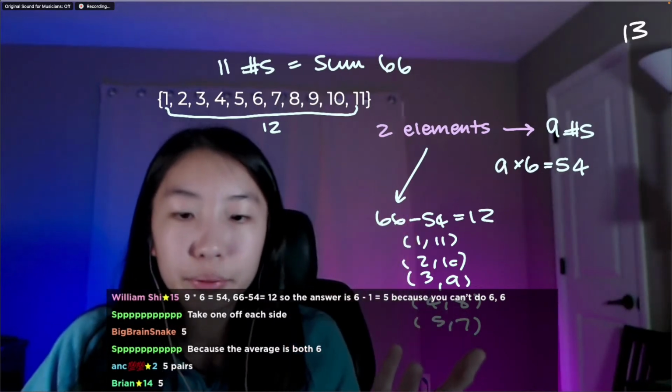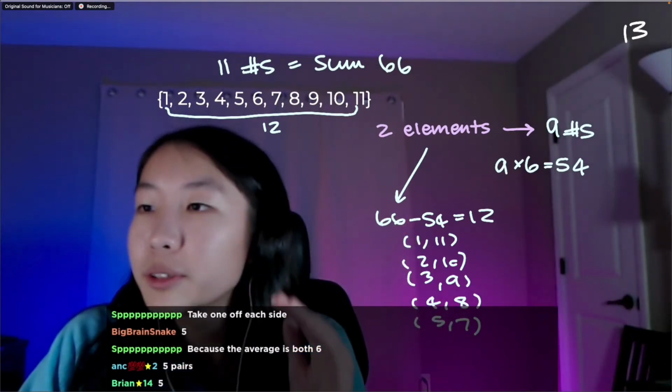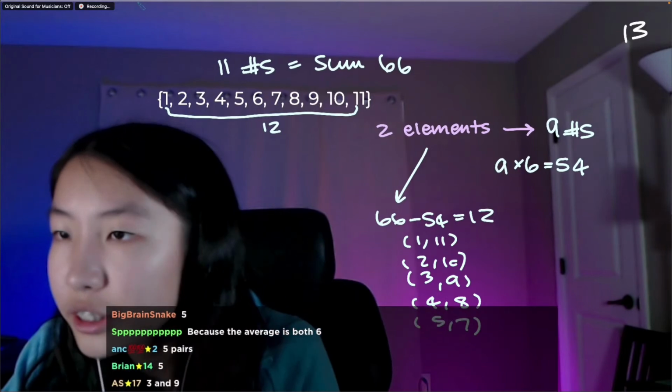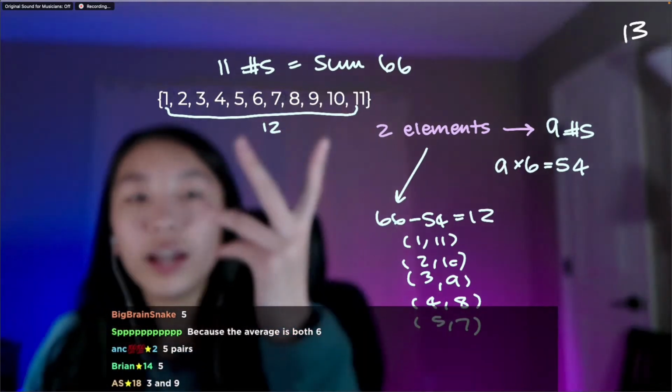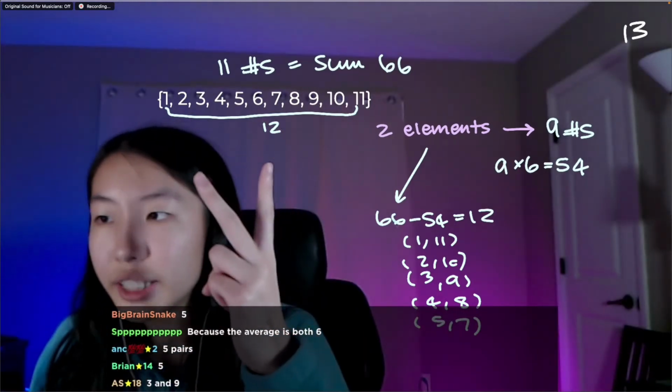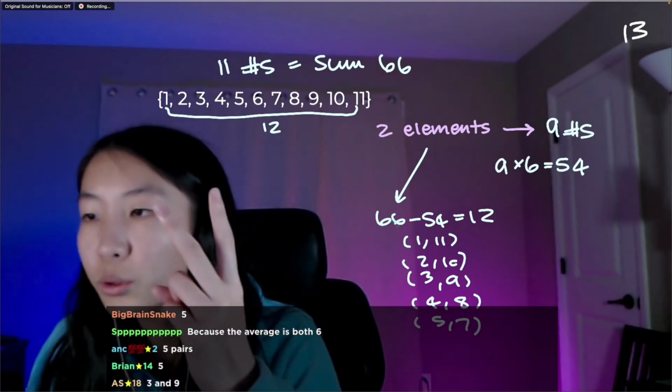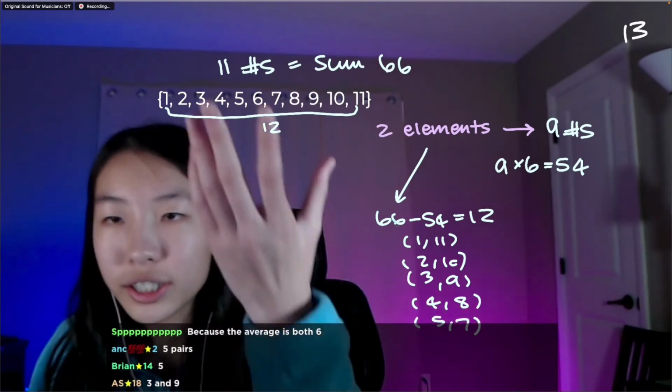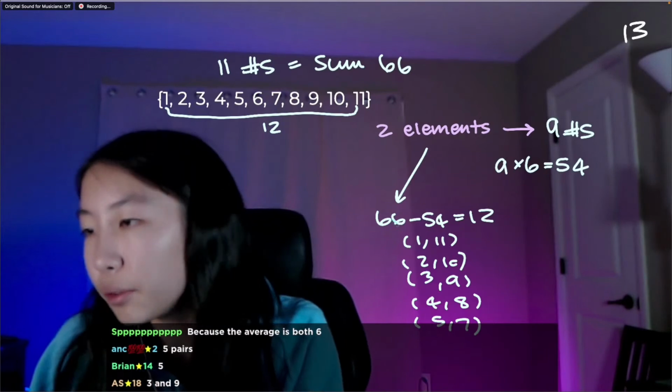So these are going to be our 5 pairs. Everyone in the chat is getting 5, which is great. And notice that because we had an odd number of numbers in this set, we're only going to have 5 pairs because our 6 is just left alone there.